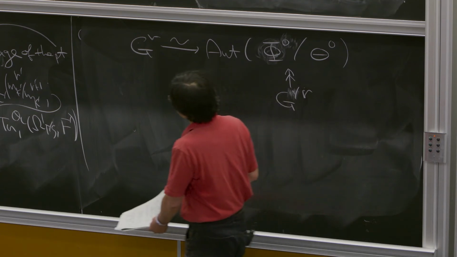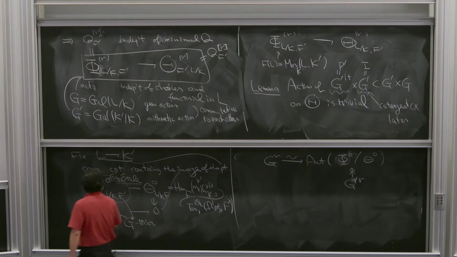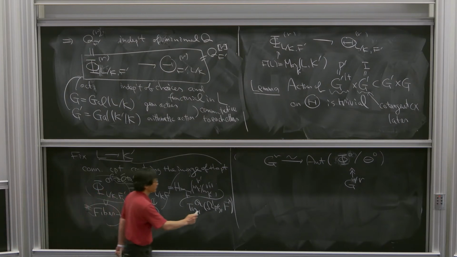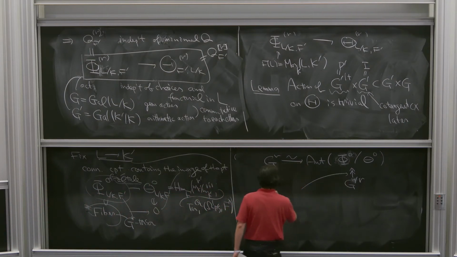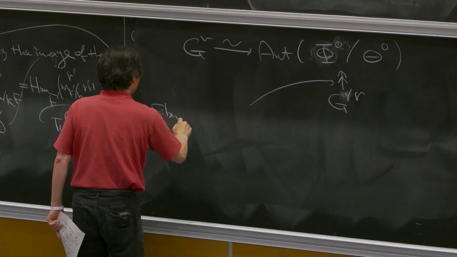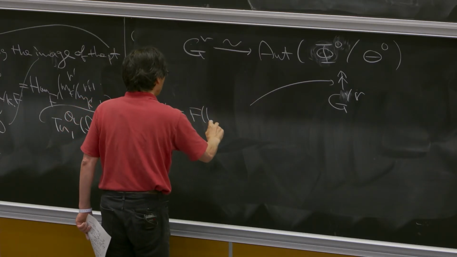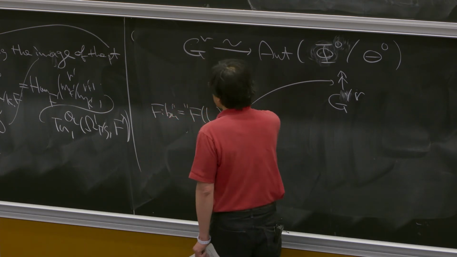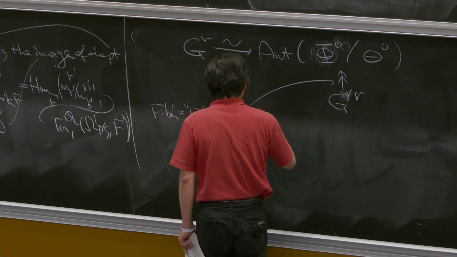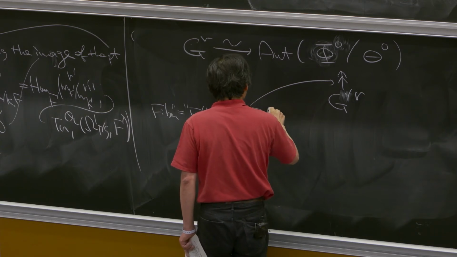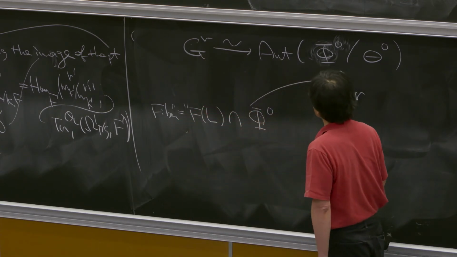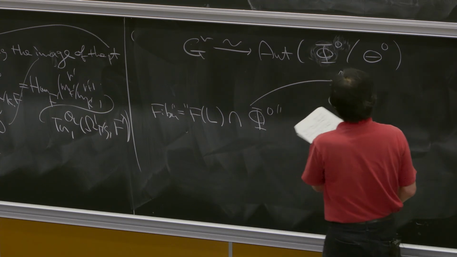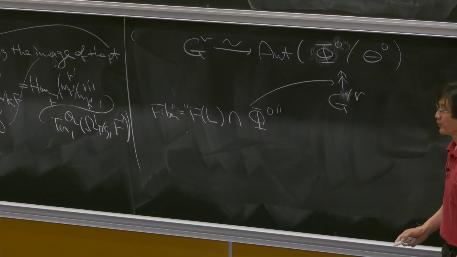So this comes from this fiber here. This comes from the fact that this fiber here is the intersection, which is identified with the connected component. Using this description, we see this surjectivity.